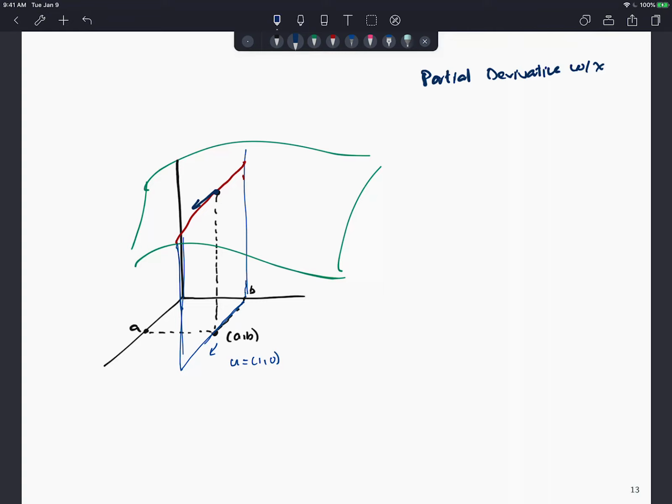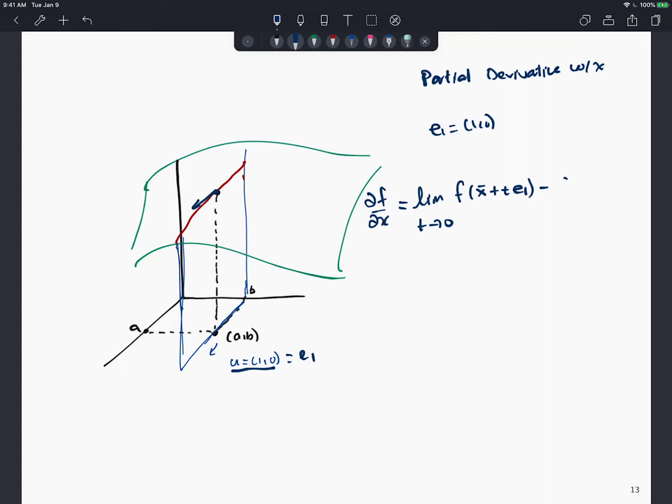So what is the partial derivative with math? What this means is the partial derivative of f with respect to x was really a limit when t goes to 0 of f evaluated at the point x plus t times my e1 vector. e1 is the (1, 0), or the u. That's what I'm using here for u.